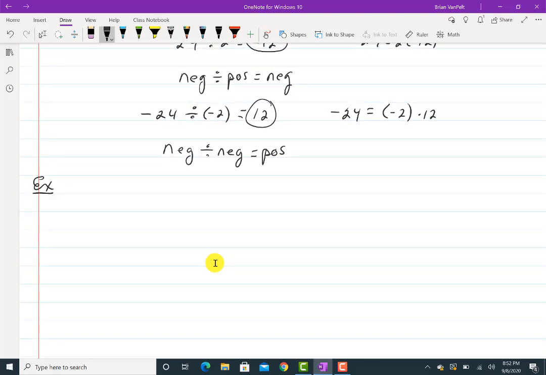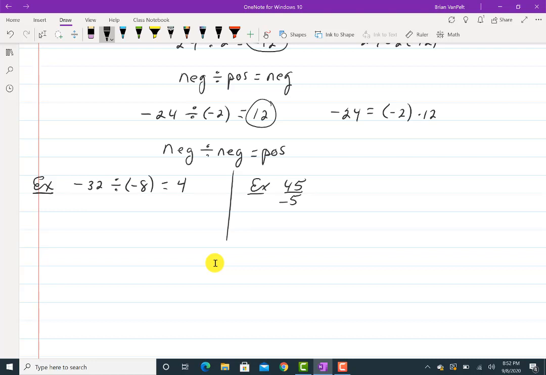So when I do something like negative 32 divided by negative 8, you know that the answer is going to be positive, and then all you have to concentrate on is what is 32 divided by 8? That's positive 4. Another way of writing a division is like this. If I write 45 divided by negative 5, that's the same thing as the previous problem.